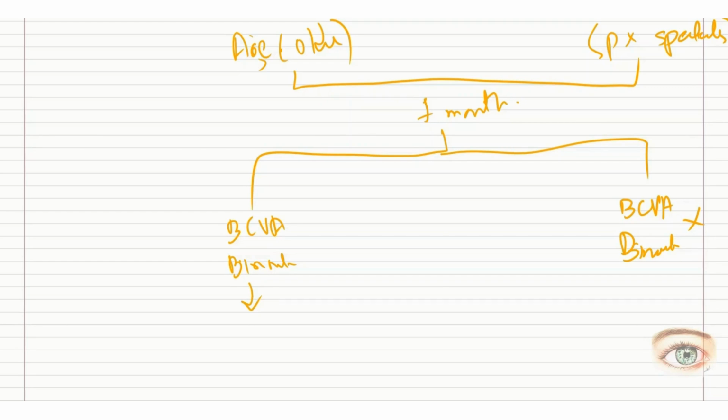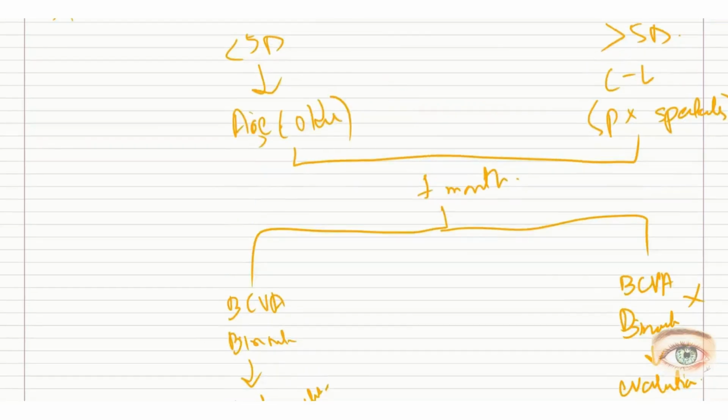We will yearly evaluate these patients, and here the evaluation will be based on the child's age. Right? So this was hyperopia.